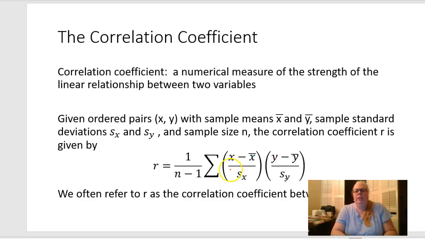Okay, so over in the Excel spreadsheet, I have now performed this calculation for all of the x values, and I have performed this calculation for all of the y values. So the next thing I need to do is to multiply these two things together.